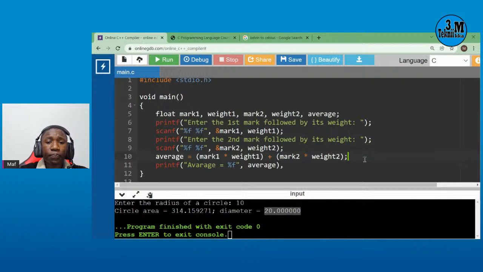But let's say the weight is given in numbers from 1 to 100. In this case, you have to convert these numbers into percentages. The way to convert this is dividing the weight by 100. When you divide the weight by 100, you're converting any number from 1 to 100 to a percentage. And here you also have this divided by 100. So that's fine.